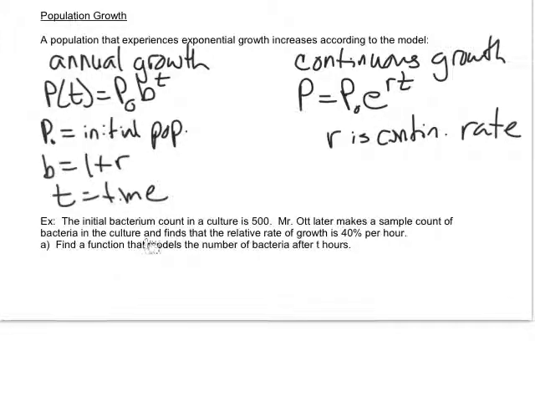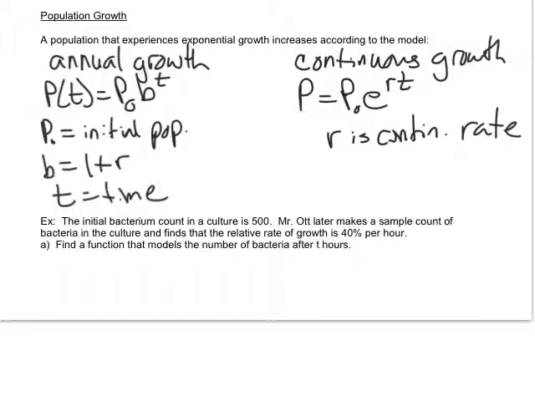The initial bacterium count in a culture is 500. So I start with 500. Mr. Ott later makes a sample count and finds that the rate of growth is 40% per hour. So it's not continuous, it's per hour though. Find a function that models the number of bacteria after t hours. Well, we have our initial, and that's all we need. We need our initial, and we need our growth factor.